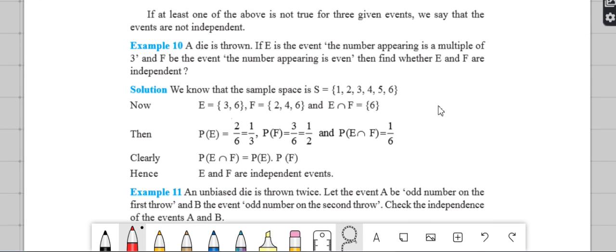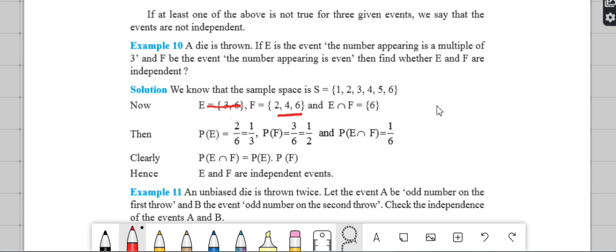Here are once again a few examples. In example number 10, a die is thrown. E is the event that the number appearing is a multiple of 3, so 3 and 6. And F is the event that the number appearing is an even number, so 2, 4 and 6.